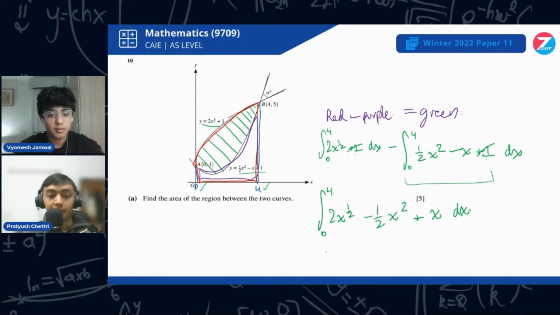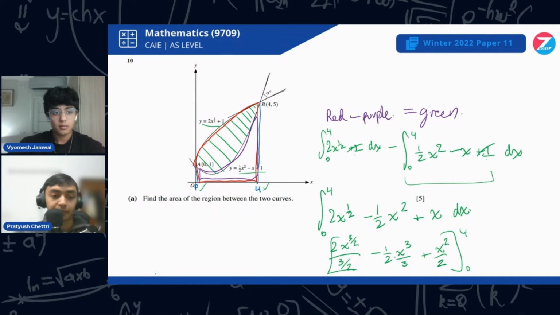Integrate this real quick. We're going to get 2x to the 3 by 2 over 3 by 2 minus 1 by 2 x cubed by 3. I'm going to simplify this in a second. Plus x squared by 2, right? Bound from 0 to 4. I would simplify this just so I can type it in quicker.